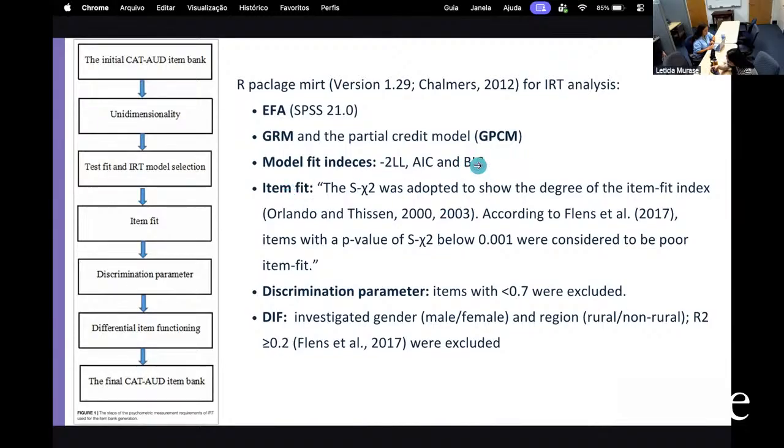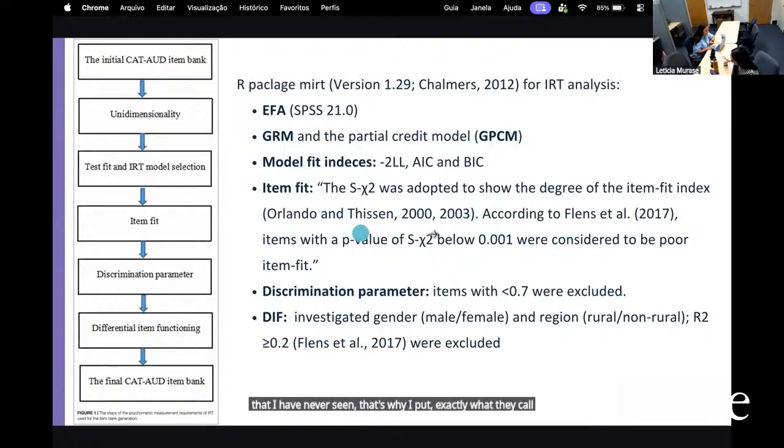They used these indices for the model fit, and the item fit is this that I have never seen. That's why I put exactly what they call it.